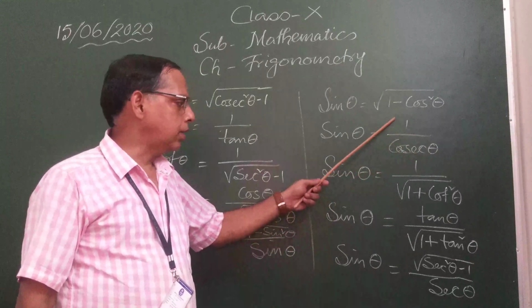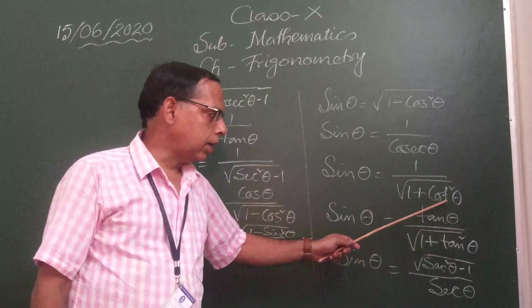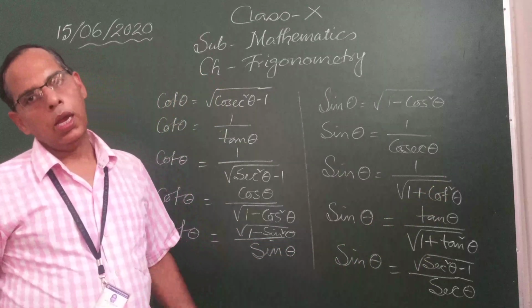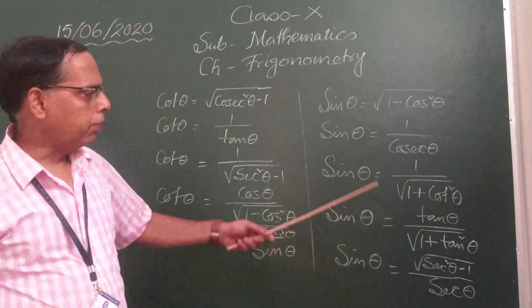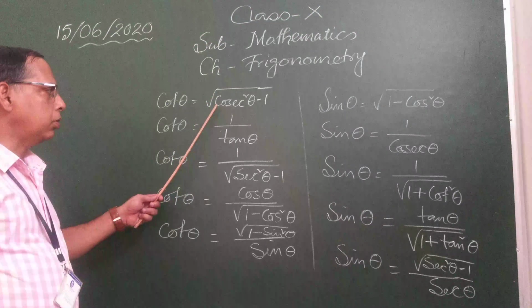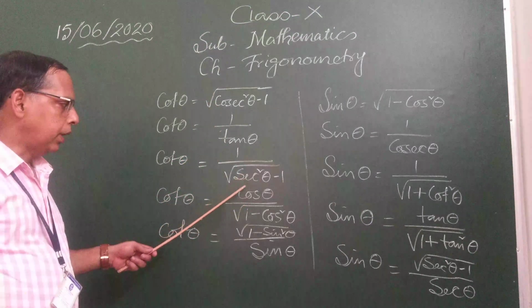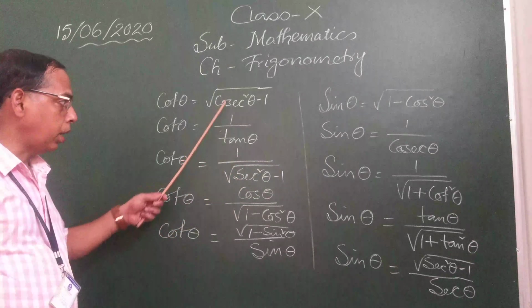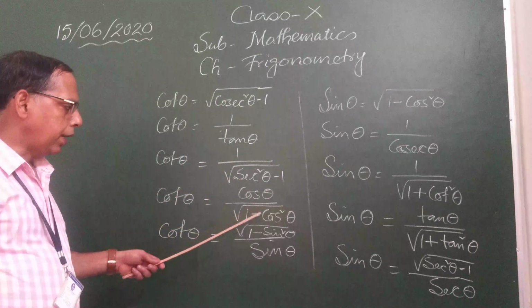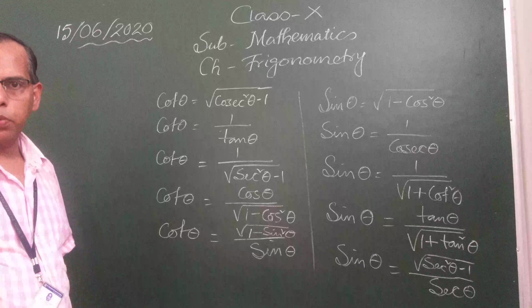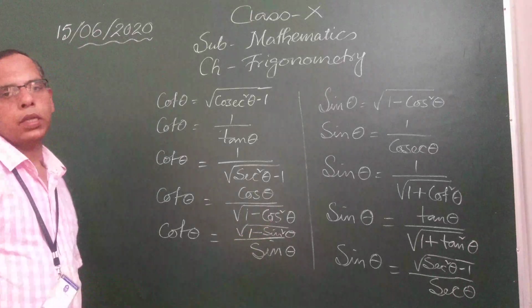See, cosec theta is the reciprocal, tan theta is the reciprocal of cot theta, and this is how we have to find out. Similarly here also, you see formula, then reciprocal, then formula, then reciprocal, because cos theta is the reciprocal of sec theta, and then once again formula.